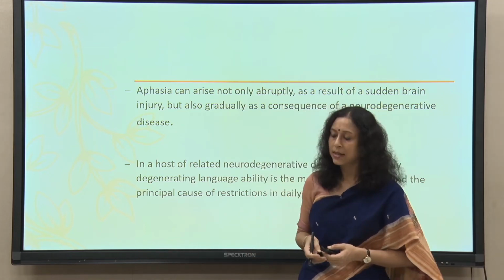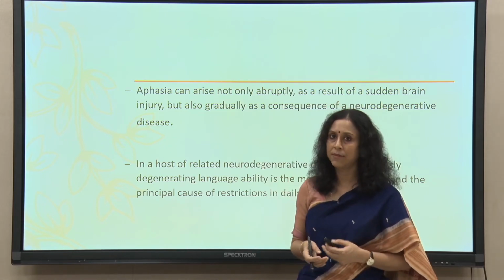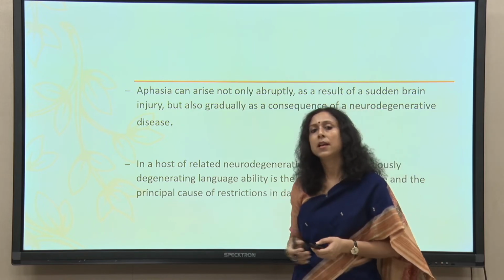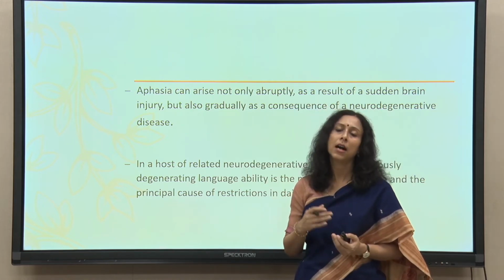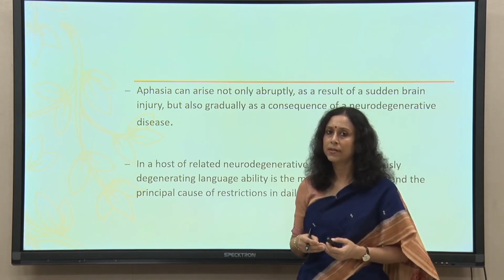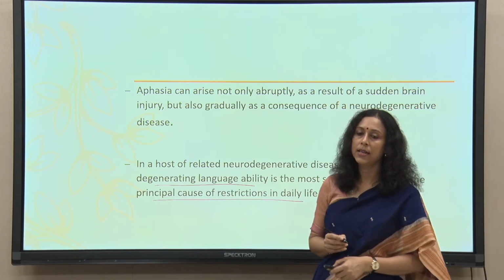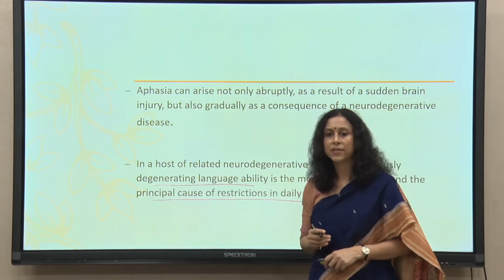This is where a different kind of aphasia is visible, which is called primary progressive aphasia, because it gradually progresses; depending on how the neural degeneration is taking place, language gets affected more and more. So, in a host of related neurodegenerative diseases, degenerating language ability is the most salient feature and the principal cause of restrictions in daily life, which is what we often see in patients of advanced age.